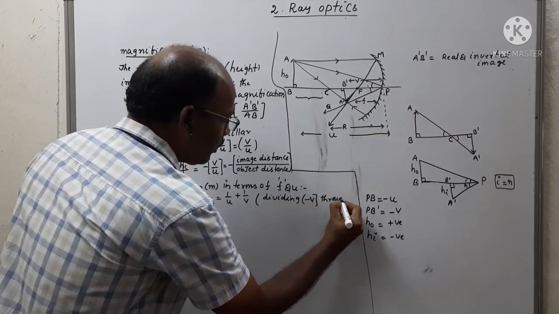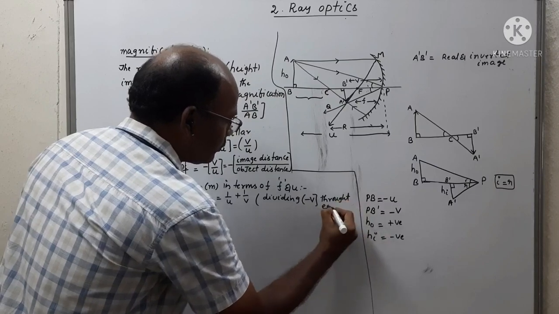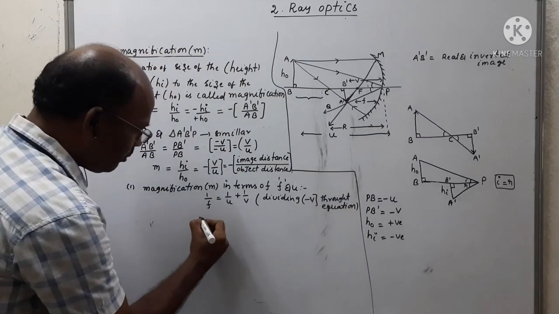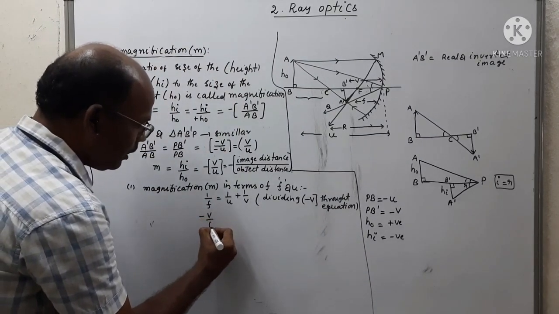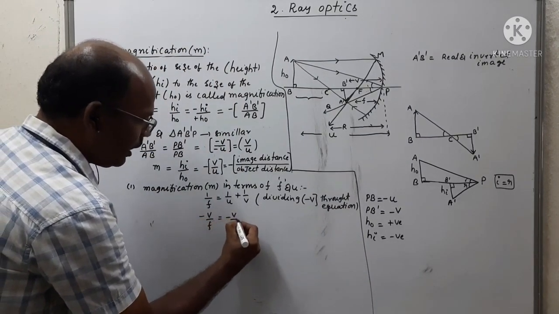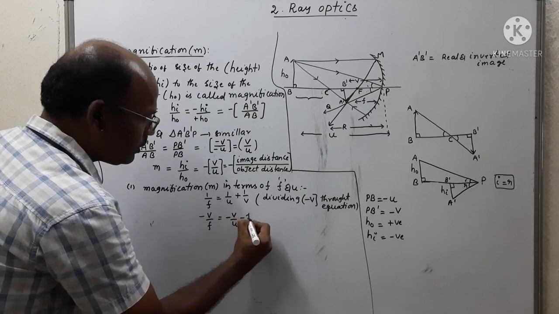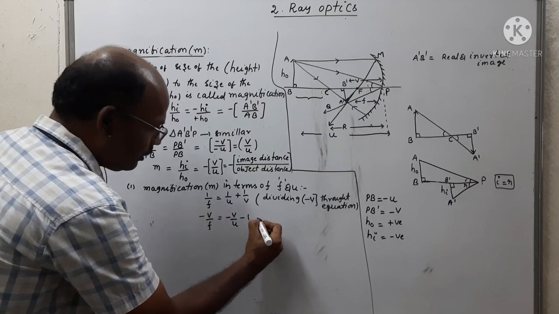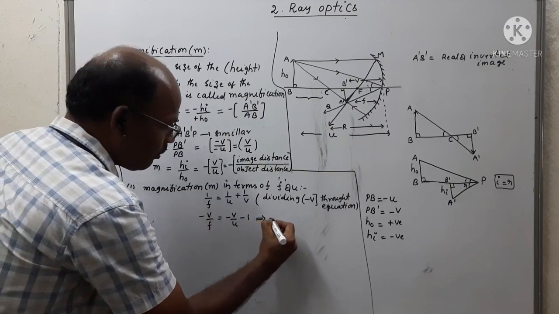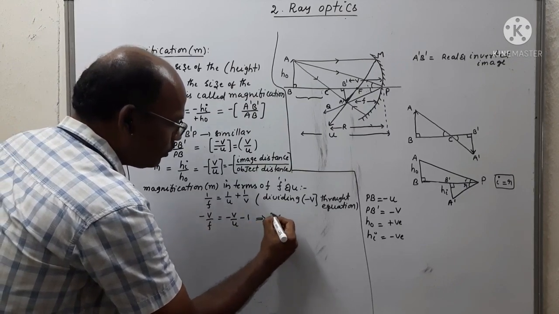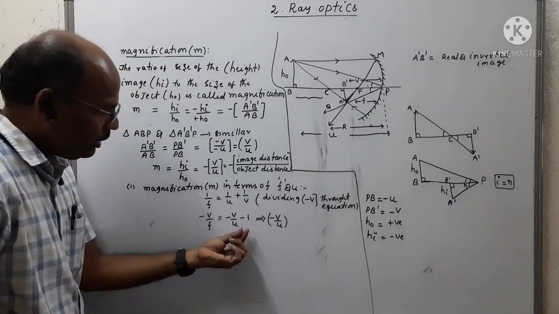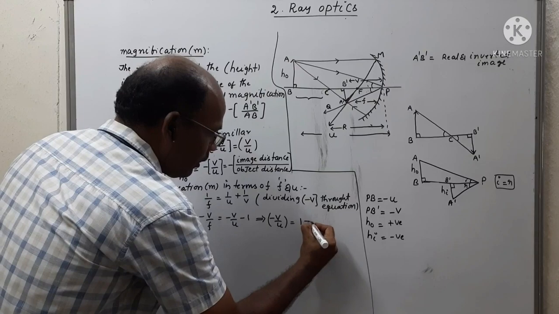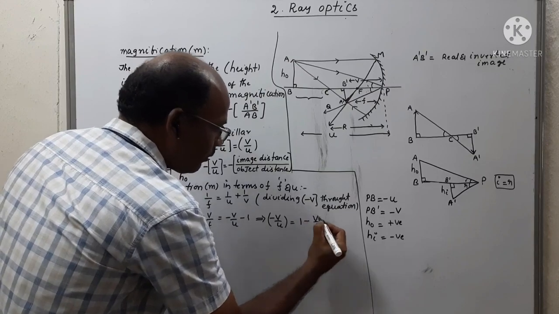Then it becomes minus v by f is equal to minus v by u plus 1, which is the 1 brought towards the left, so it is minus v by u plus 1 is equal to minus v by f.